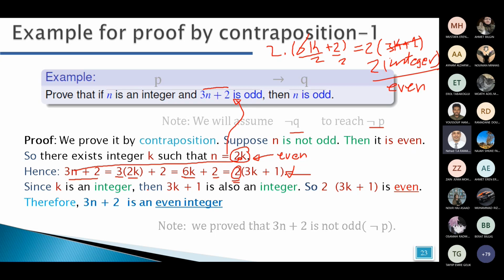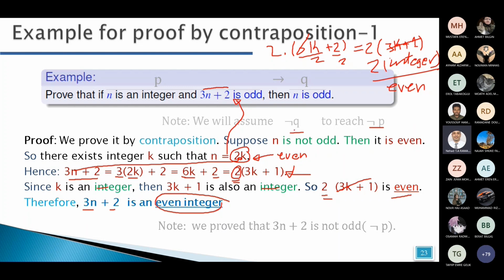Since k is an integer, 3k plus 1 is an integer. So 2 multiplied by any integer is even. Therefore, 3n plus 2 is also an even integer.